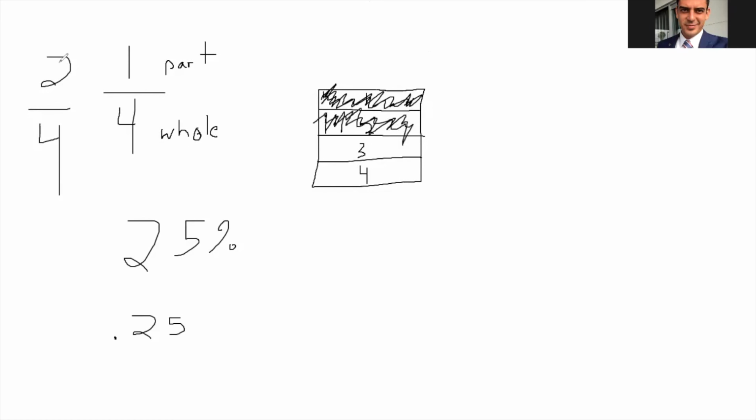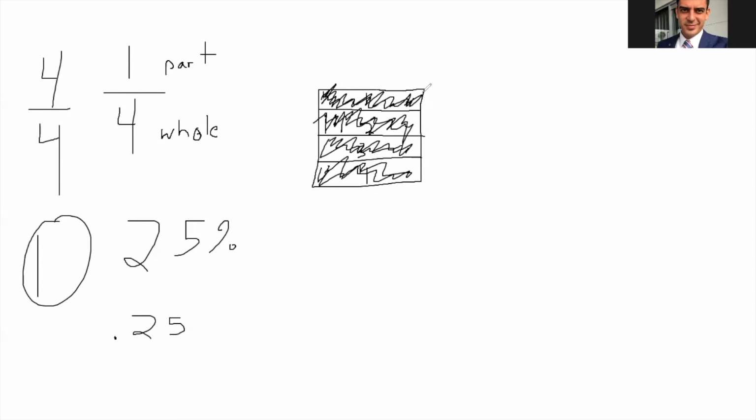And then if I said 3/4, so if this was a 3, then you shade in that. And then the next one would be 4 out of 4. So 4/4, or that's the same thing as saying 1. That's giving you everything, the whole candy bar. So you have 1.